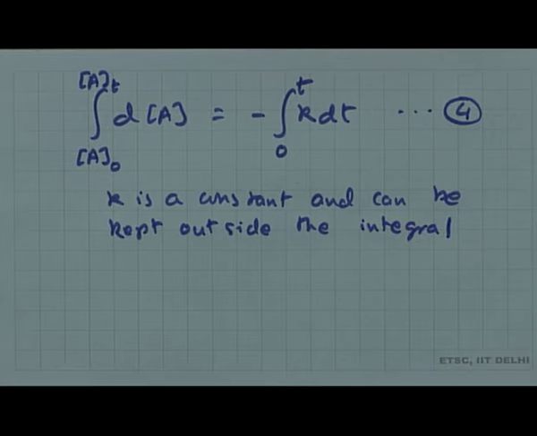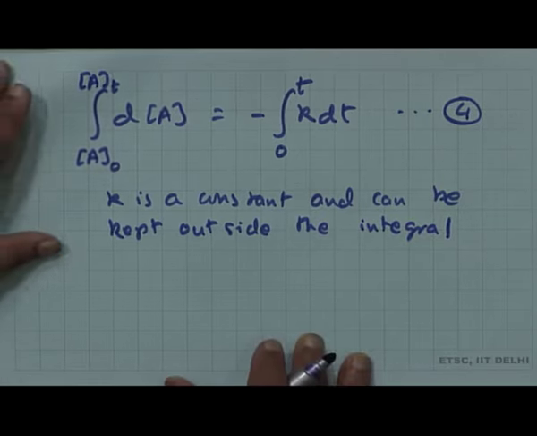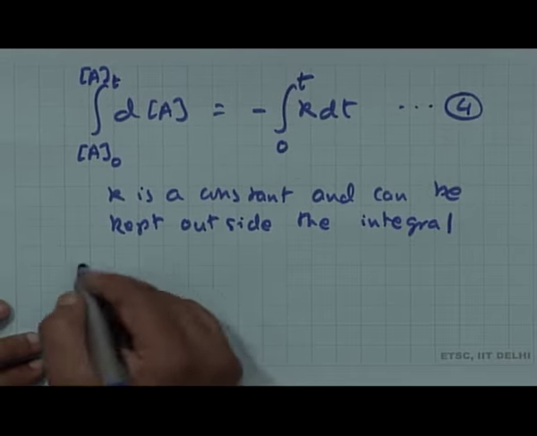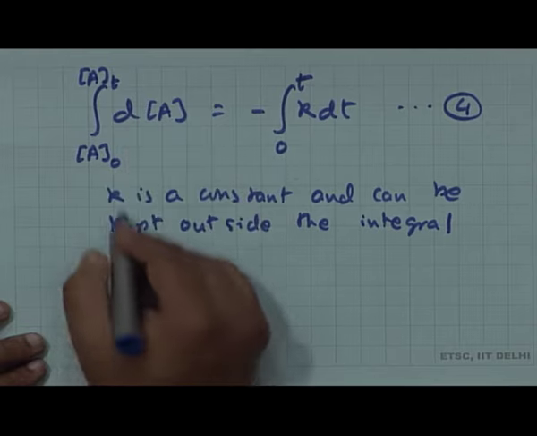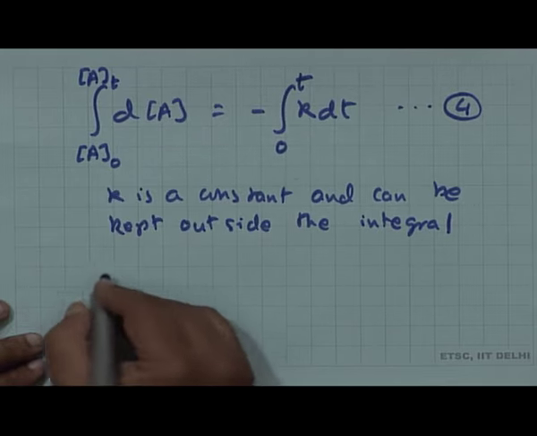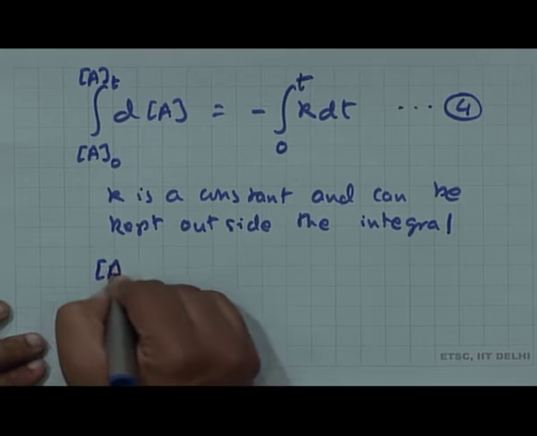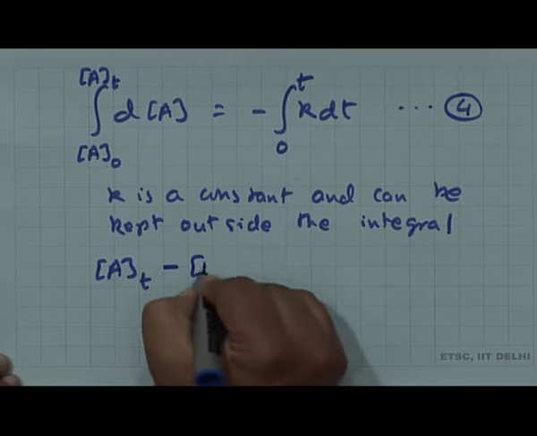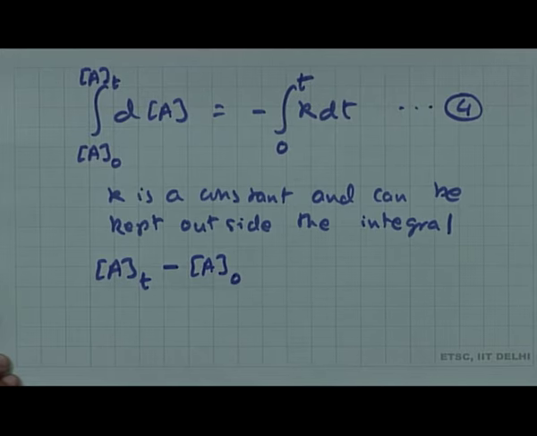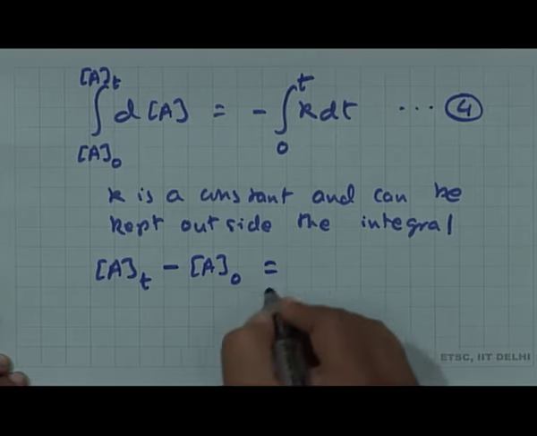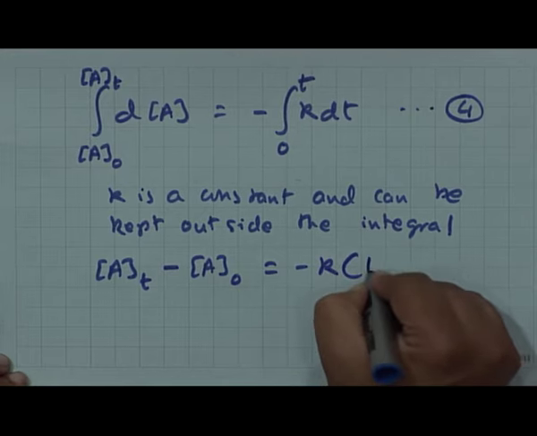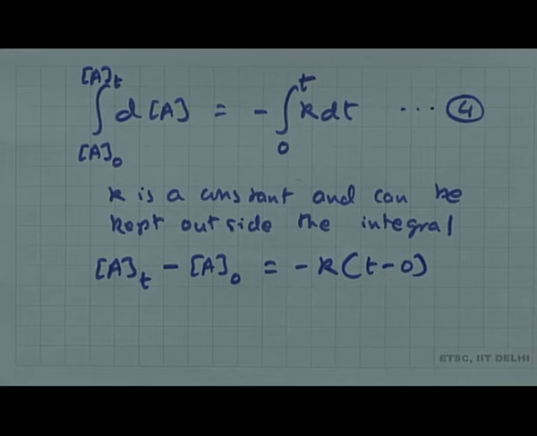If that is so, then immediately what this becomes is, I integrate this, the first one on the left hand side, it would be A t minus A at time is equal to 0 is equal to minus K, then it would be t minus 0, right.